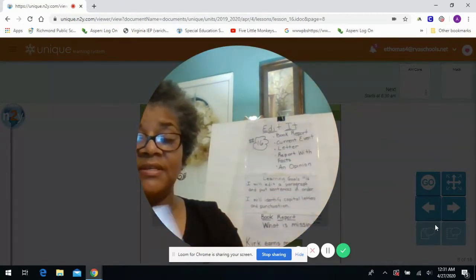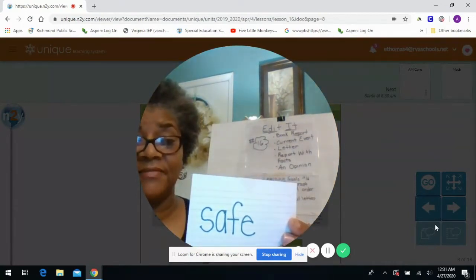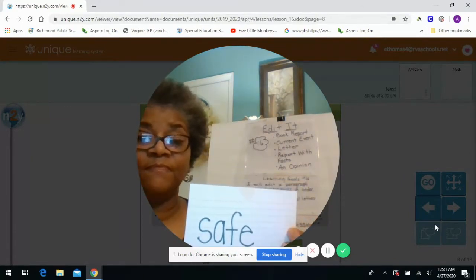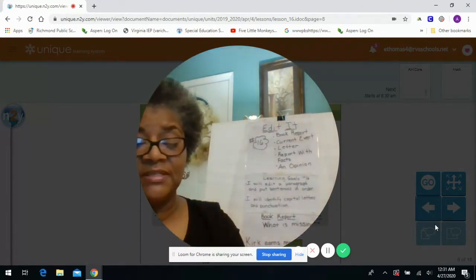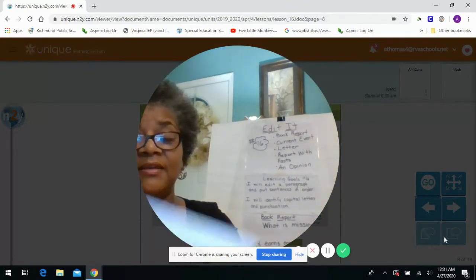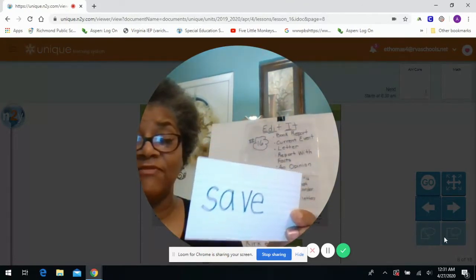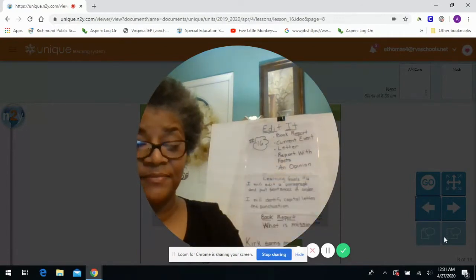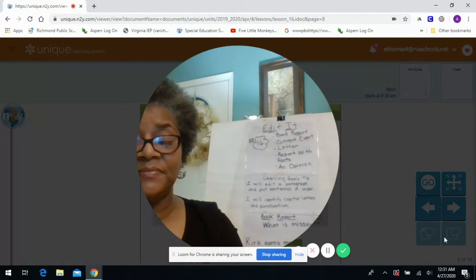The next word is safe, free from danger or loss. You want to keep your money safe in a bank. The next word is save, put aside for future use. Good.